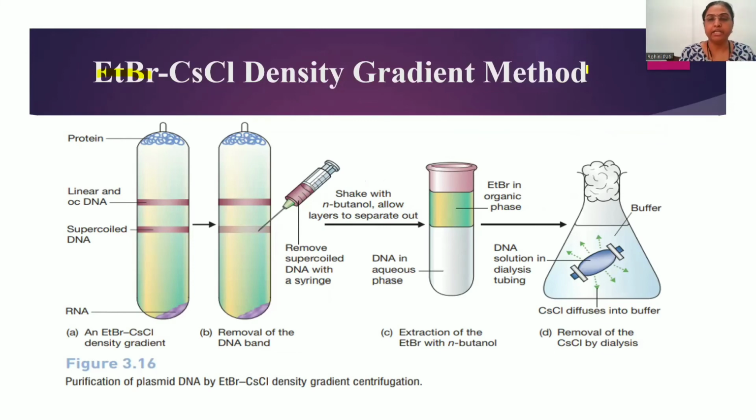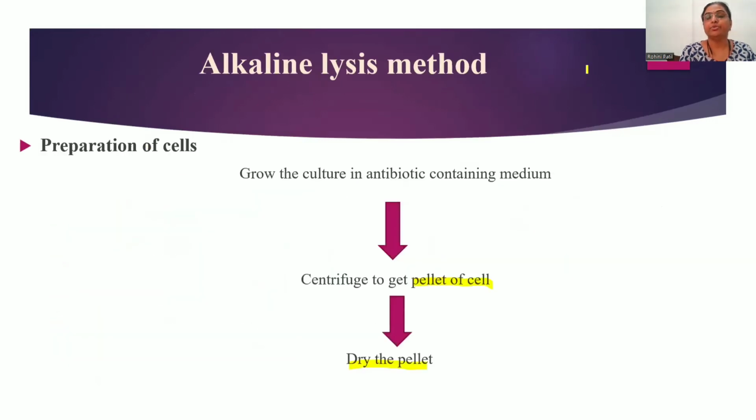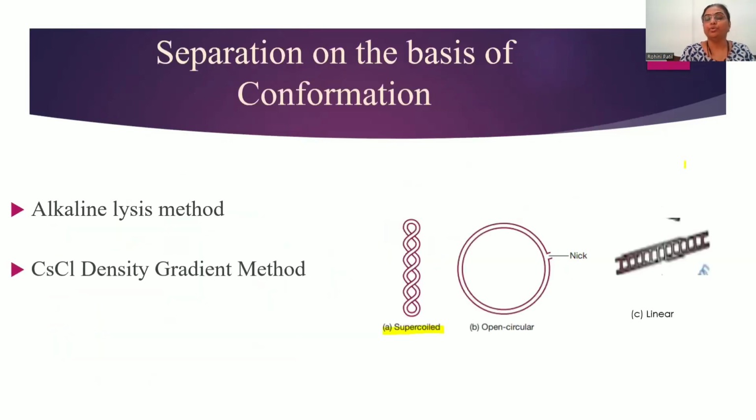EtBr is an intercalating agent. This EtBr is going to intercalate in between the bases. When we treat DNA with EtBr, the highest amount of EtBr binds to linear DNA. EtBr intercalates at a high concentration in linear DNA, then it binds to the open circular DNA.